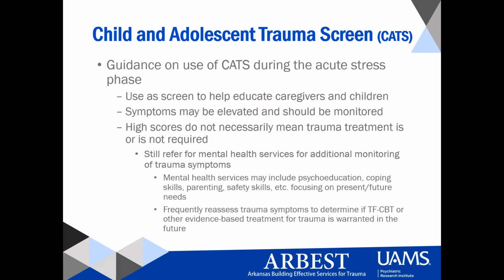Maybe it's been disclosed recently, but the actual event wasn't just one time during the past 30 days. So I think in most settings, this may be the exception, but know that you can use the measure just to assess what symptoms you're seeing now, but not necessarily make decisions on what long-term treatment needs to be.